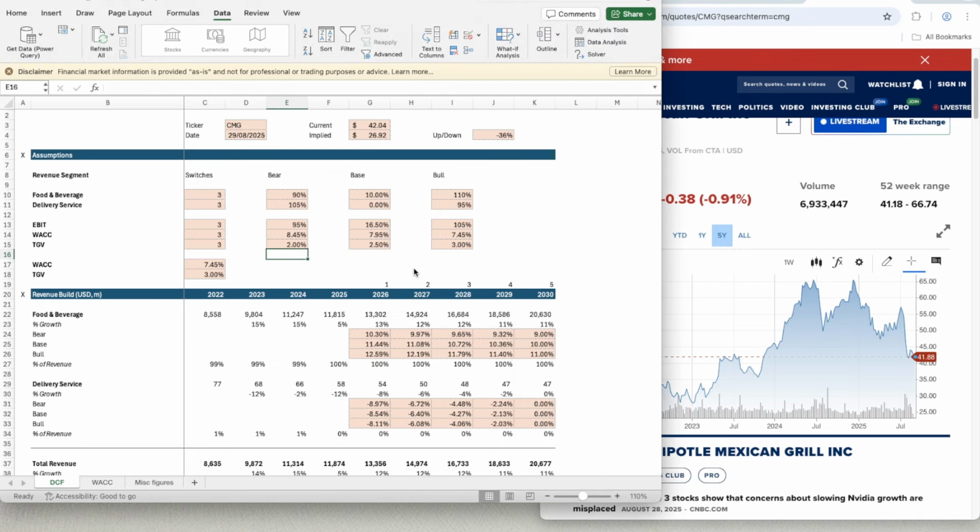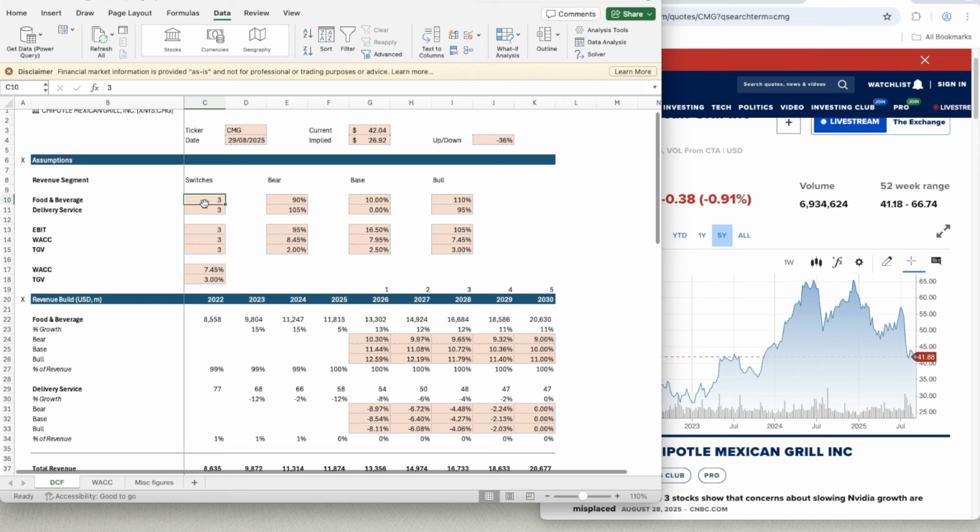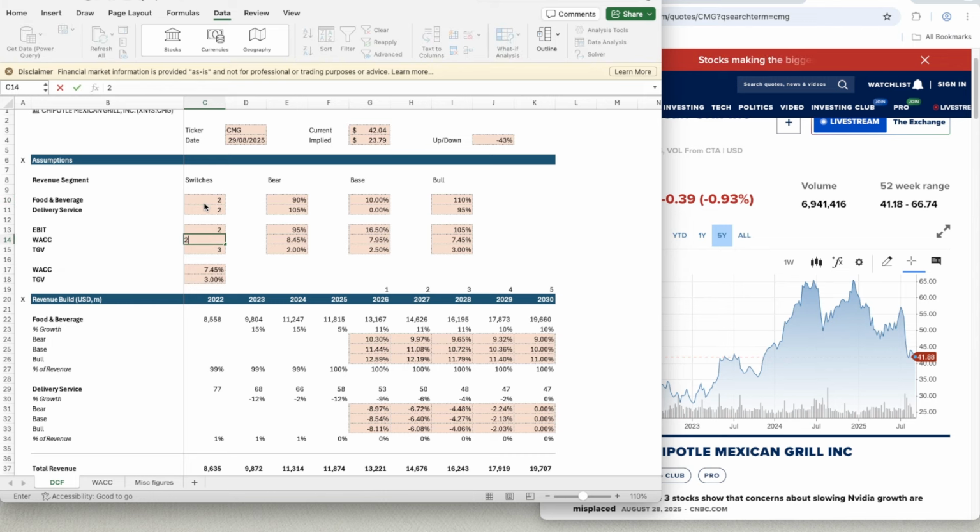For it to get to where it is now on a base case, let's go 50%. Wow. It would have to be insane revenue growth to get to what the market is valuing it at the moment.